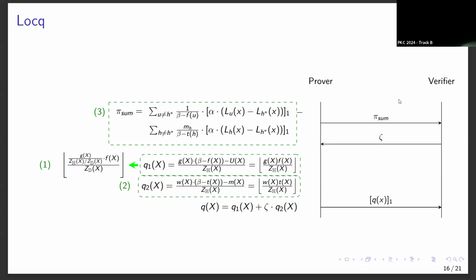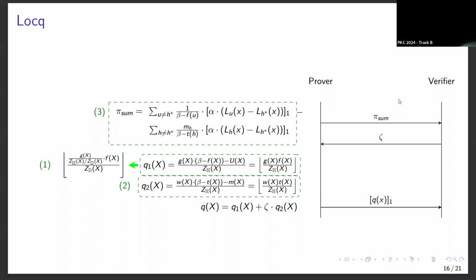And then the challenging part is to prove the correctness of g(x) and w(x), because the definitions of these polynomials involve the bigger domain.